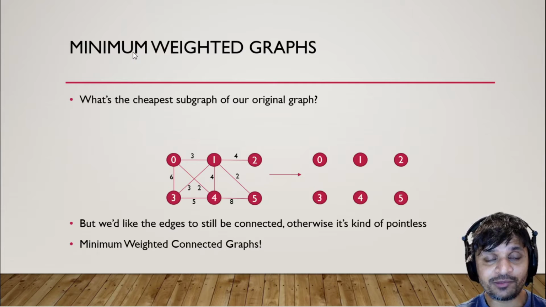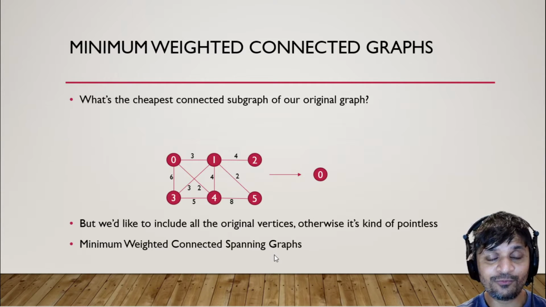So we redefine the problem. Instead of talking about a minimum weighted graph, we're going to talk about a minimum weighted connected graph. So let's change the problem. Now we say, look, this is our original graph. What's the cheapest connected subgraph of our original graph? Well, now it could just be the vertex 0. This is a subgraph of this.